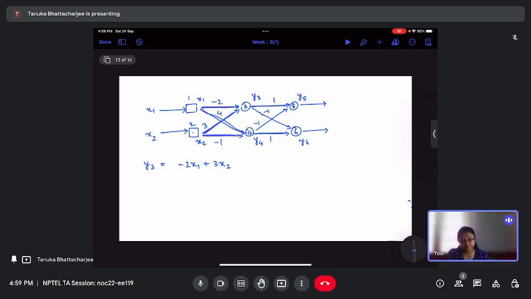After computing this weighted sum, it will also apply the activation function on top of it. So it will apply the function phi on top of it. Here also phi is the step function.